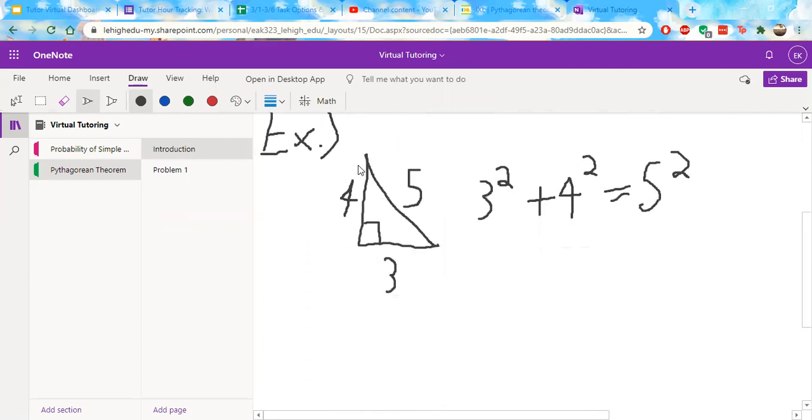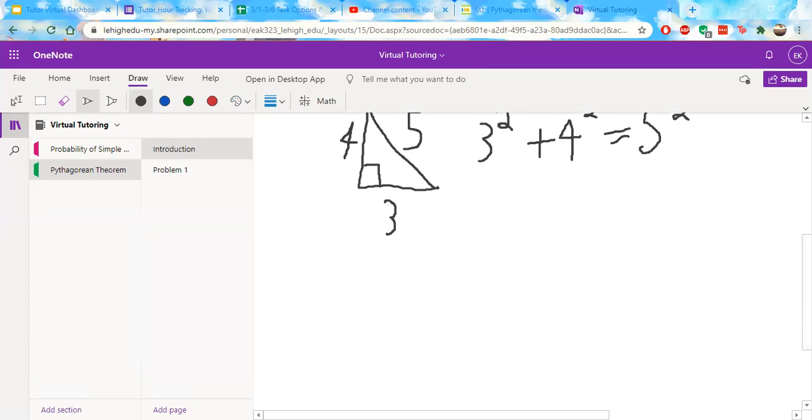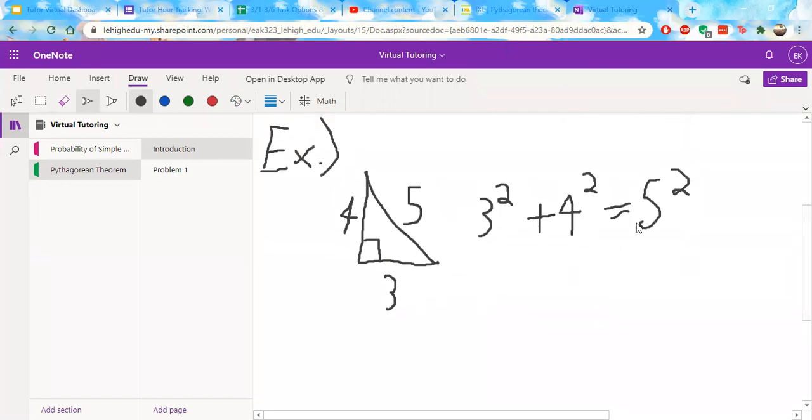The hypotenuse is the longest side, the side across from the 90 degrees, et cetera. There's a bunch of different ways you can define the hypotenuse of a triangle. I digress. We know that the Pythagorean theorem means that this must be true. So let's check it.